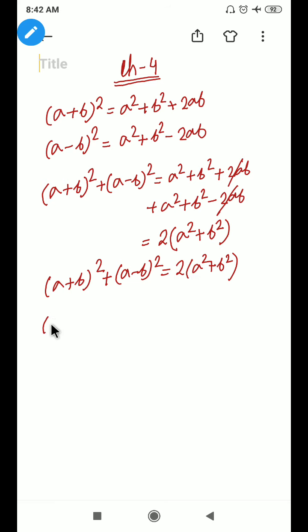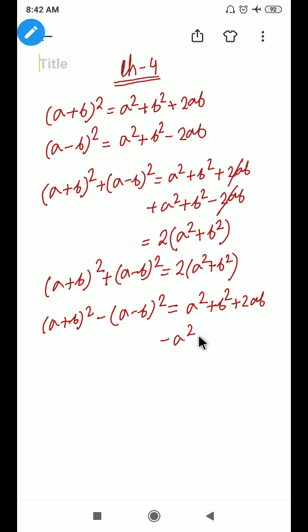Now if you put a minus here, then what happens? (a plus b) whole square minus (a minus b) whole square: it will be a square plus b square plus 2ab, minus a square minus b square, this is plus 2ab.